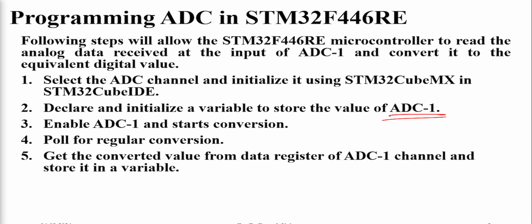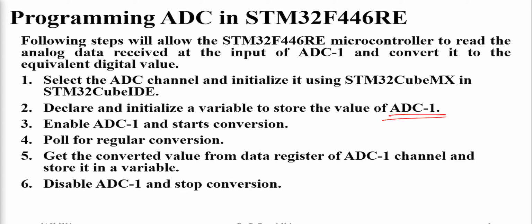After that, the converted value will be stored in the variable, which will be printed in the STM32 CubeIDE. At the end, we will disable the ADC and stop the conversion.